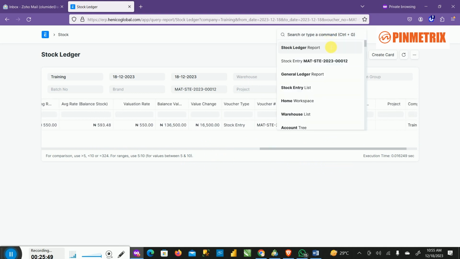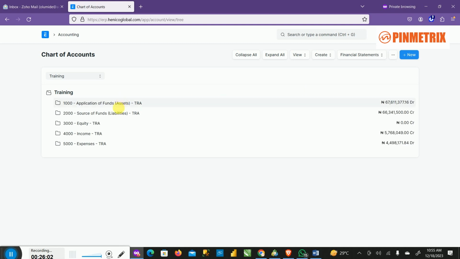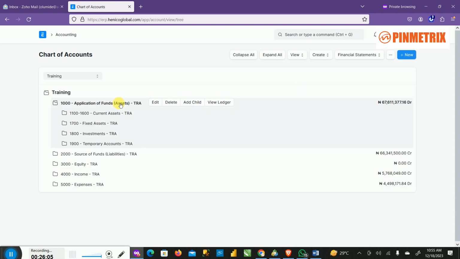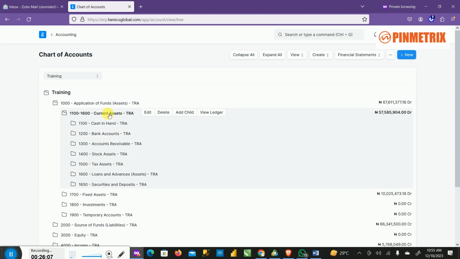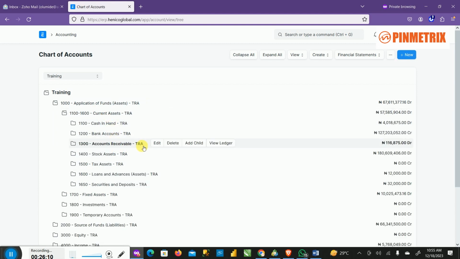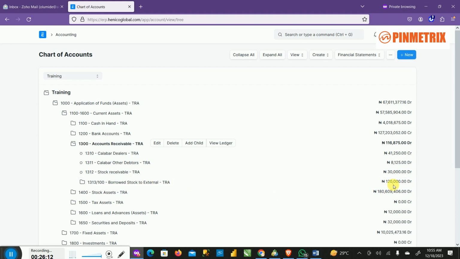Let's check our ledger account, chart of account. So let's see this current asset, account receivable. You can see this value is under borrow stock to external. Is it to external or from external?